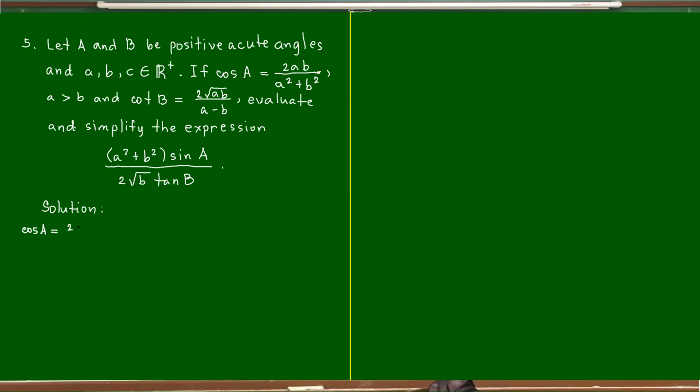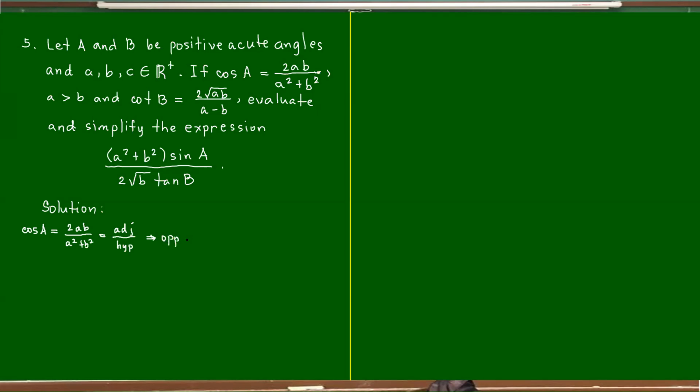That is 2AB over A squared plus B squared, and this is defined as adjacent over hypotenuse. So from which we can get the opposite.